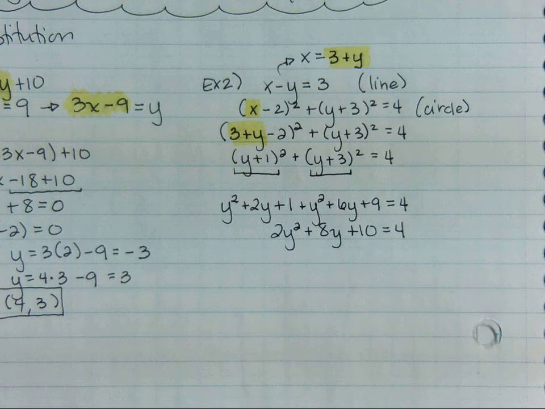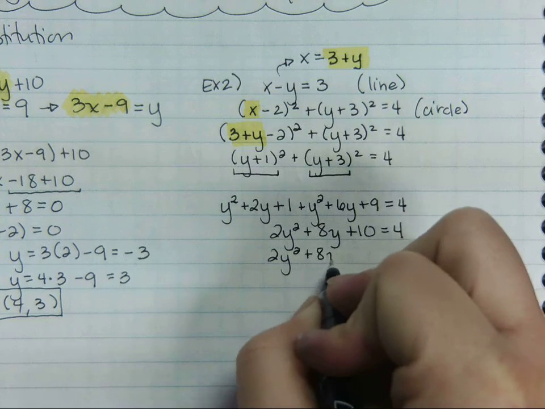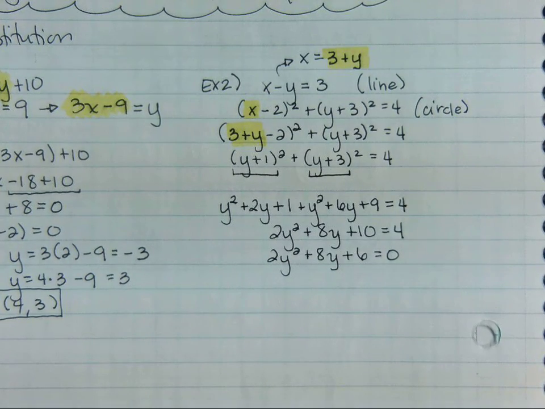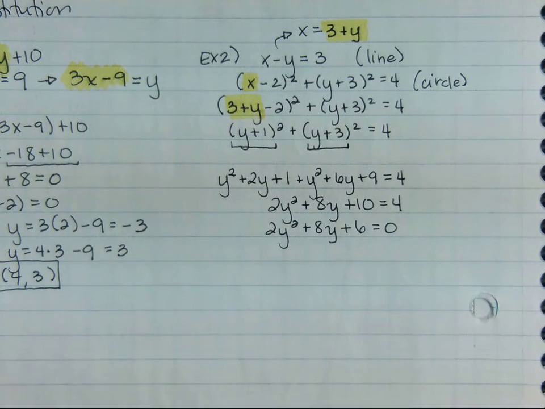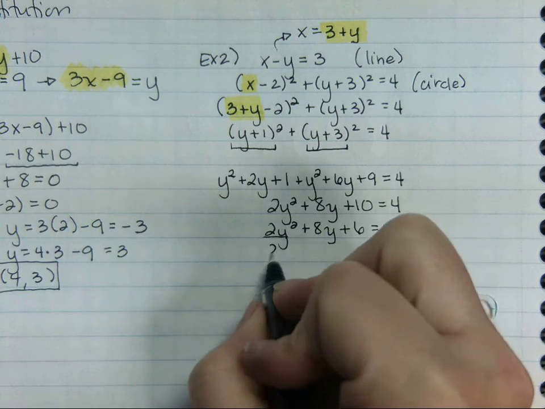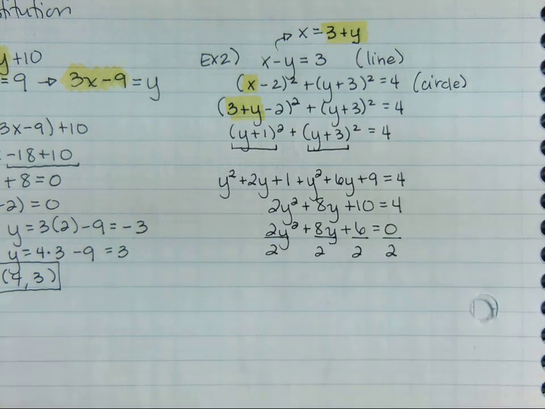And now I need to move my 4 over to the other side, which is going to give me 2y squared plus 8y plus 6 equals 0. And now since these all have something in common, they all have a 2 in common, I'm actually going to divide every single term by 2 to simplify this equation down a little bit.